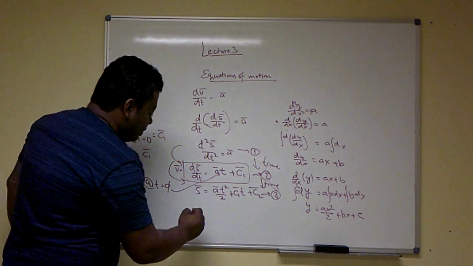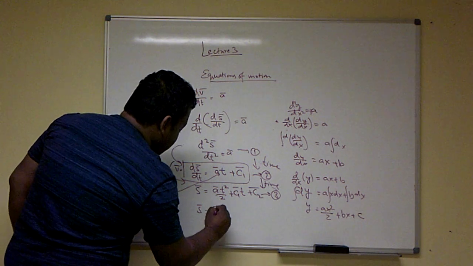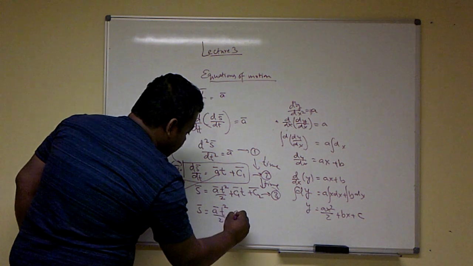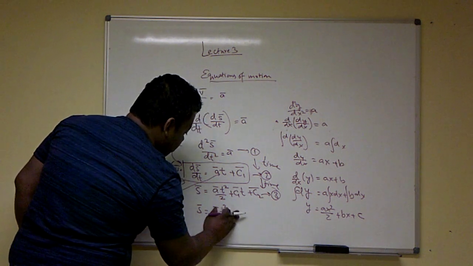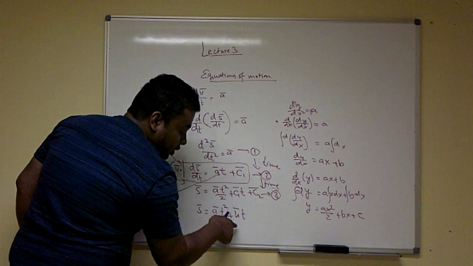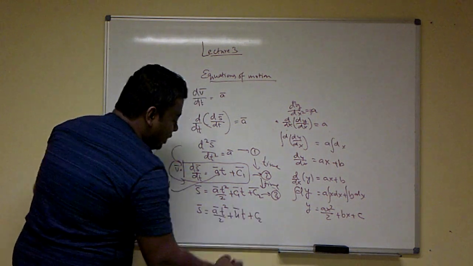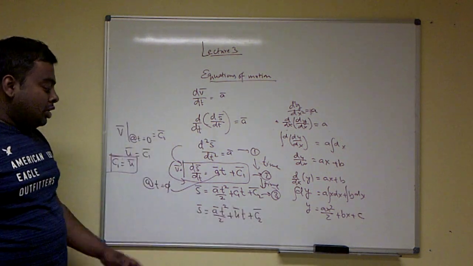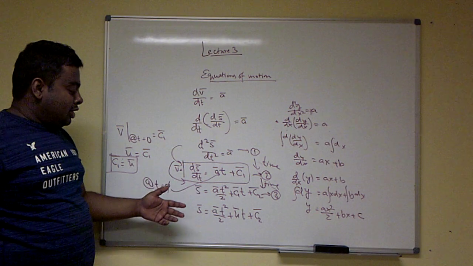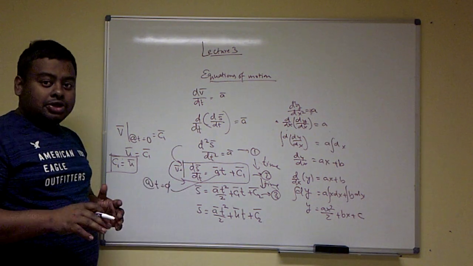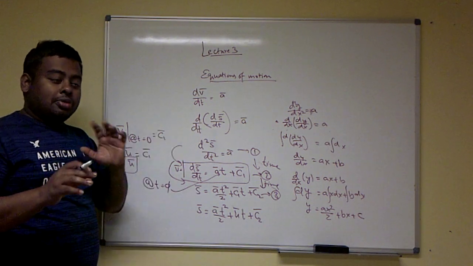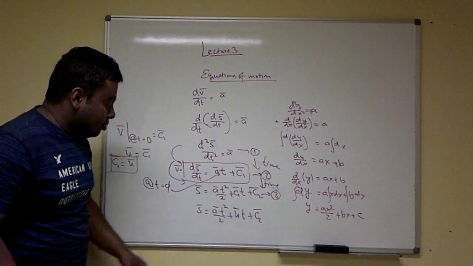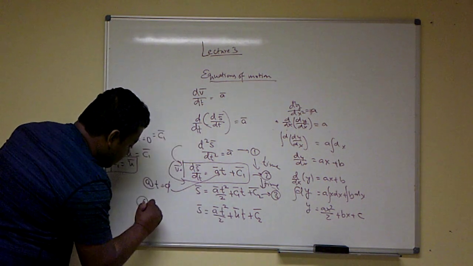So we'll write this as s vector equal to a vector times t square by 2 plus c1 vector, which is u vector, the initial velocity, times t plus c2 vector. Now, if at time t equal to 0 my location, my radius vector with respect to the origin, is also 0 vector, then this c2 vector will be 0 by simply putting t equal to 0.